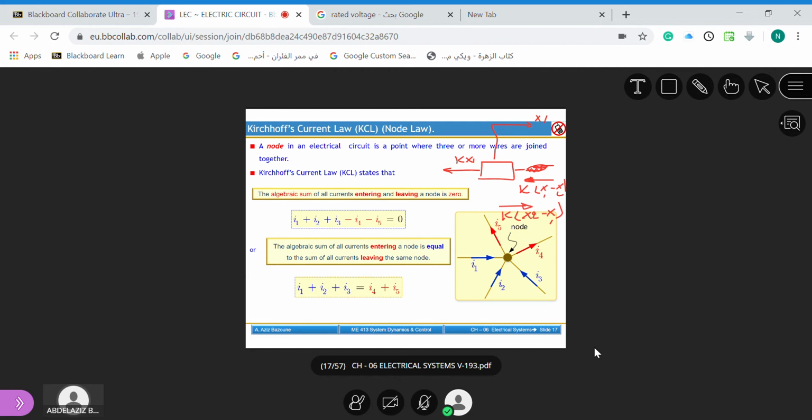So x1 minus x2 in this direction, but x2 minus x1 in this direction. So there were two correct answers. Both answers were correct, either this one or this one.